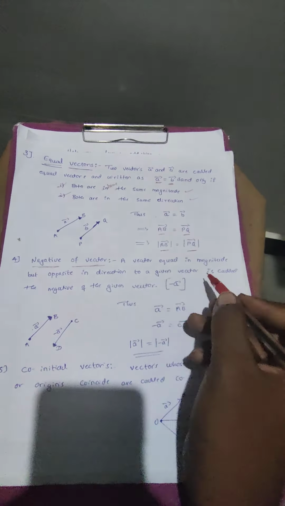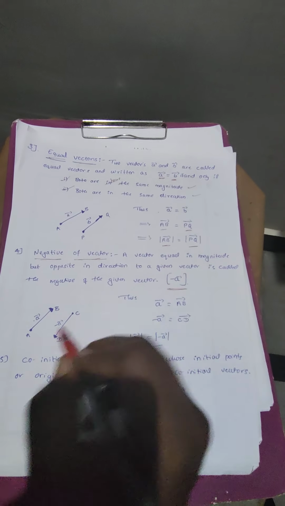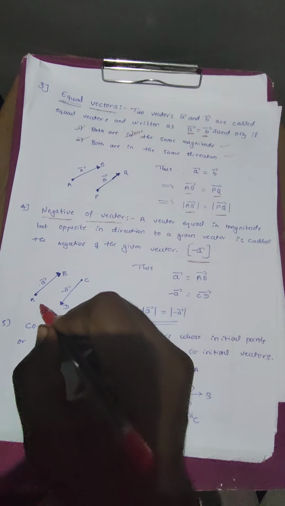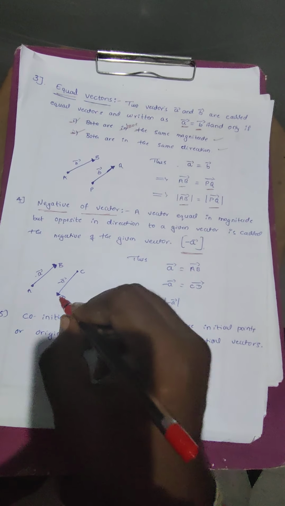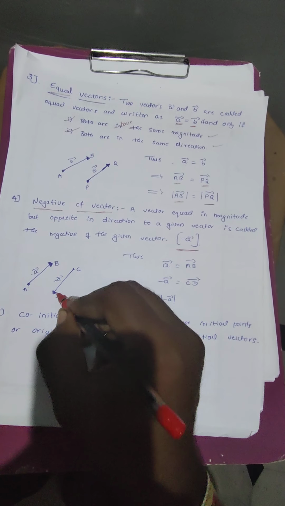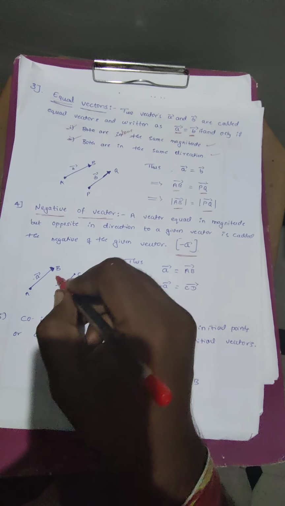And the next type is negative of a vector. A vector equal in magnitude but opposite in direction to a given vector is called the negative of the given vector, and denoted by minus A. Here in the figure we see vector AB and CD. The magnitude is the same but the directions are different.